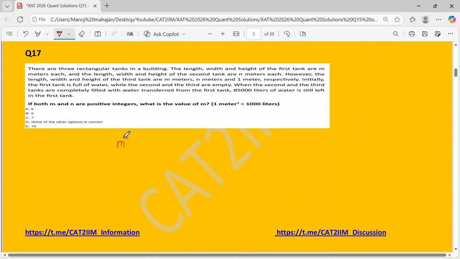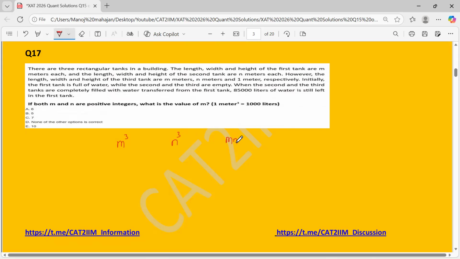Now the second tank: the length, width, height is n meters, so that volume would be n cube. And for the third one, you have m multiplied by n multiplied by 1.